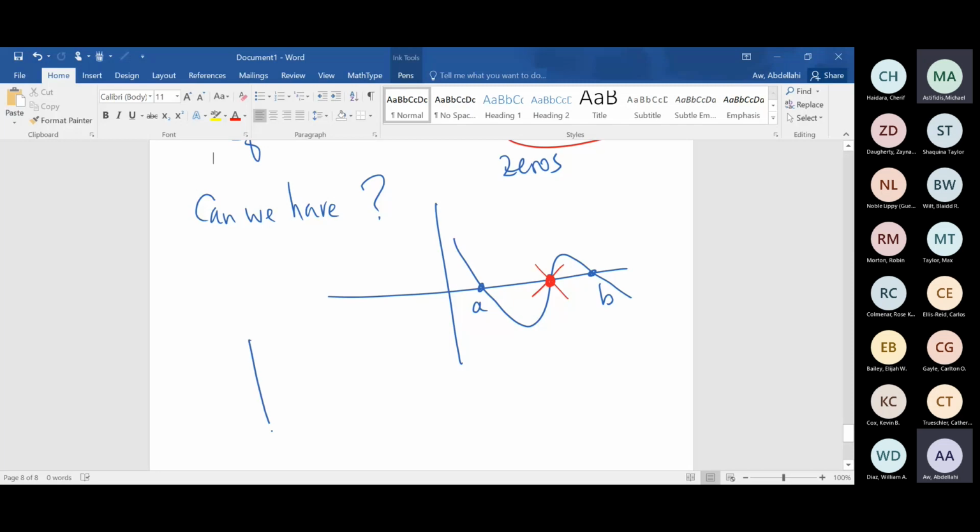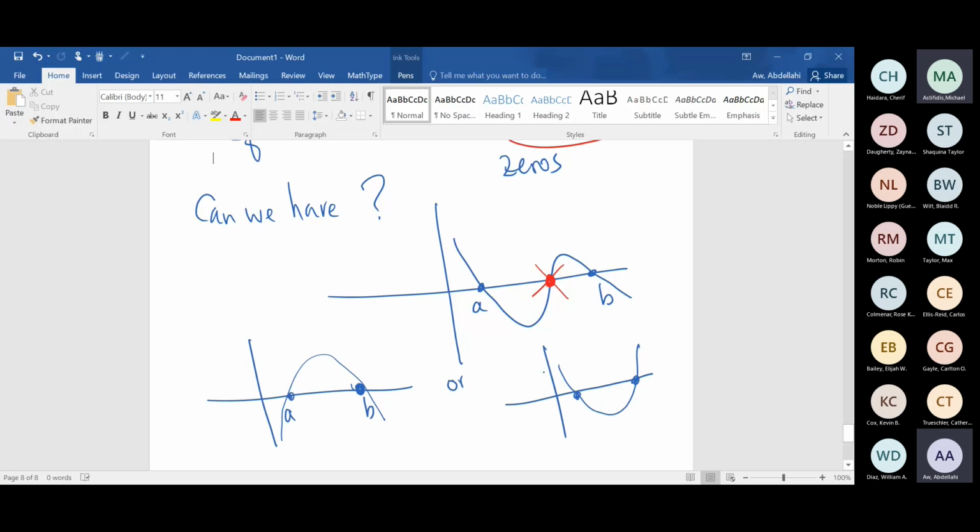So between 2 consecutive zeros A and B, the graph will be either all above or all under. It cannot be above one time and under one time. Does it make sense?